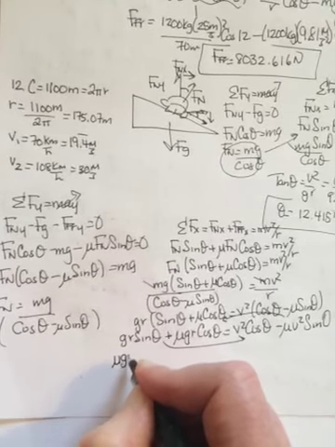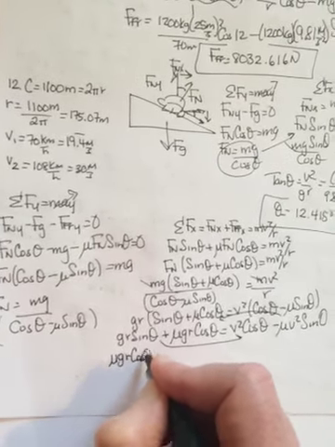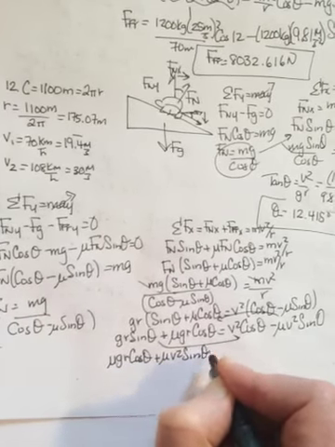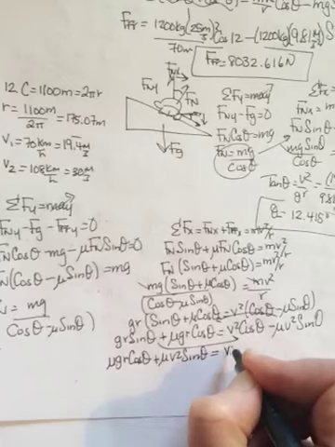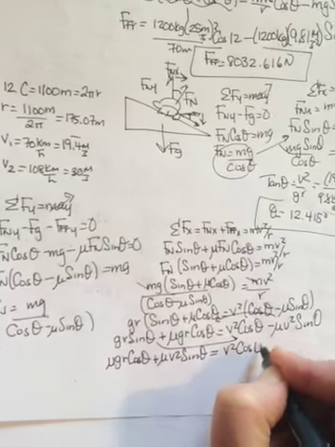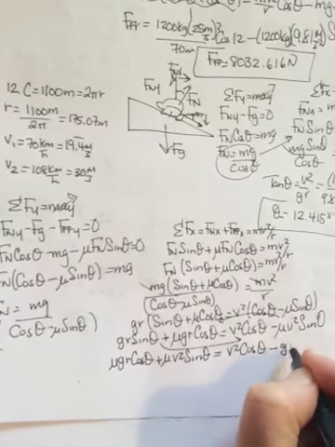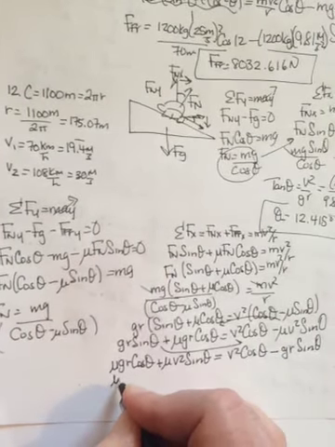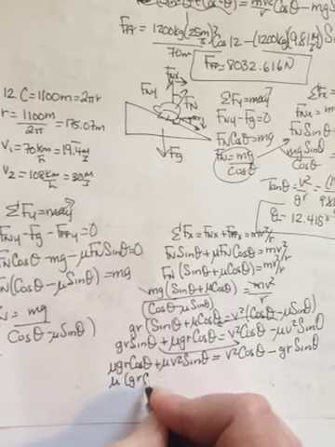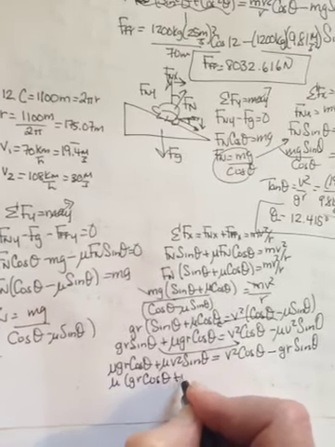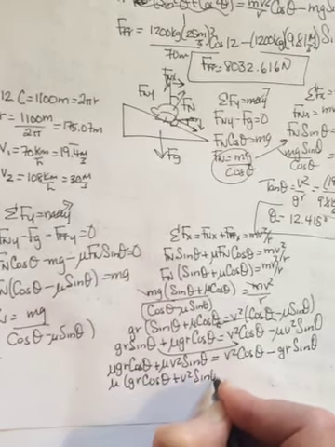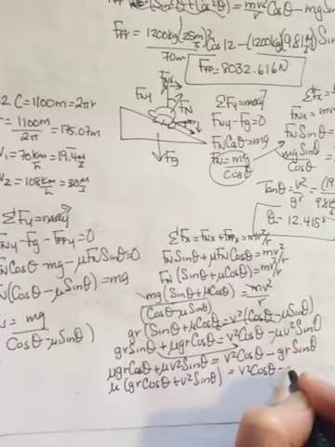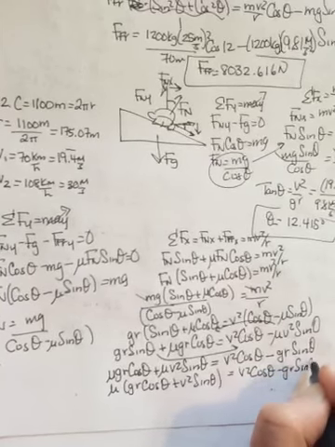So mu gr cos theta plus mu v squared sine theta will equal v squared cos theta minus gr sine theta. Factor out your mu, gr cos theta plus v squared sine theta, and then this side doesn't change. And now divide both sides by the bracket.